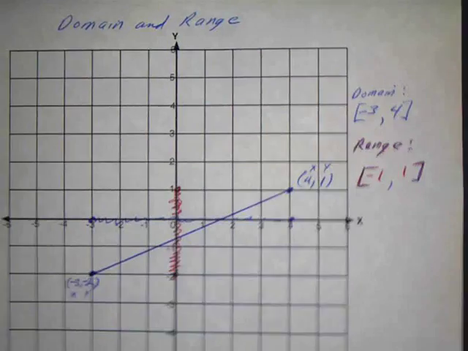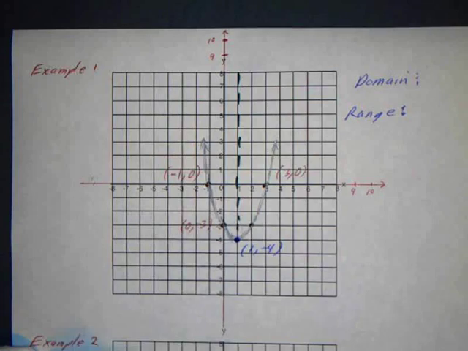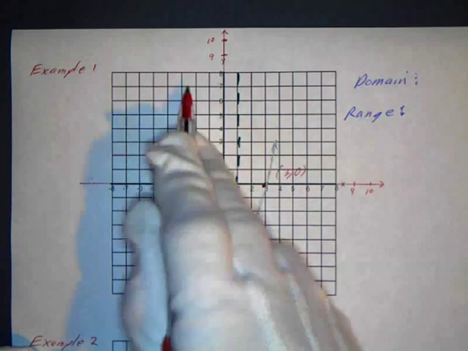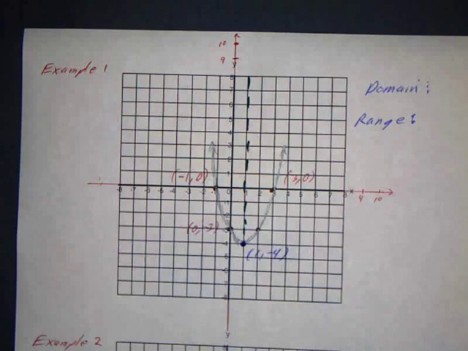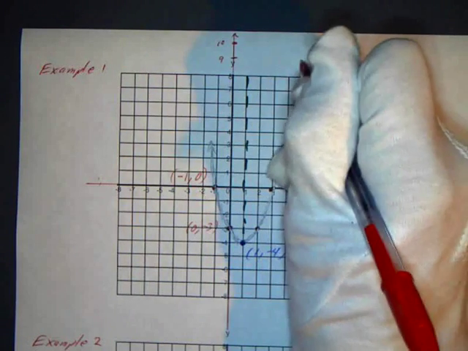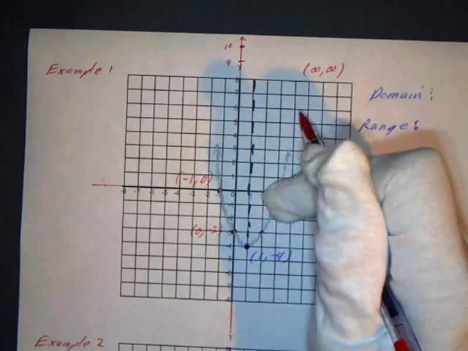So let's go back and look at our example 1 we just did. I don't really see the endpoints here because the graph keeps going up and up. I could say this end is going out to +infinity in x and +infinity in y.